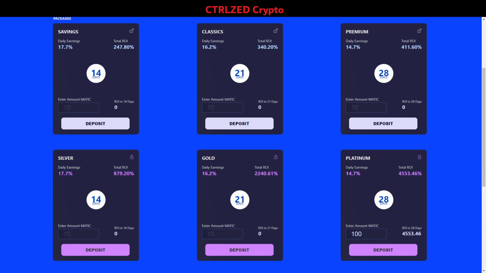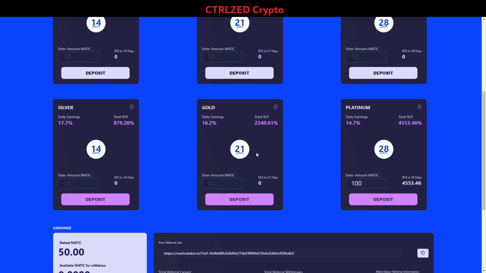It started a few weeks back at about 9%, I think, daily earnings, which is more in line with what some of the other ones like Stable One are doing. They're increasing these daily earnings every day, and it's gotten to the point where you have to wonder how long this can sustain.